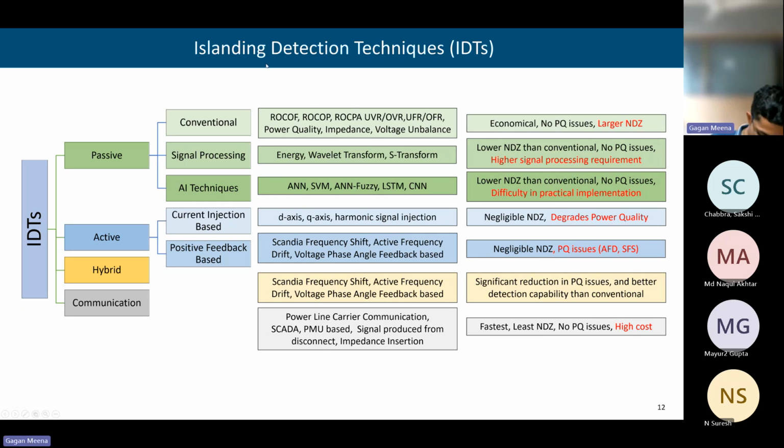So P load minus the power supplied by the distributed generators, that is the mismatch power. And if that mismatch is below a certain level, then the relay is not able to detect the islanding. And that zone is called the non-detectable zone.